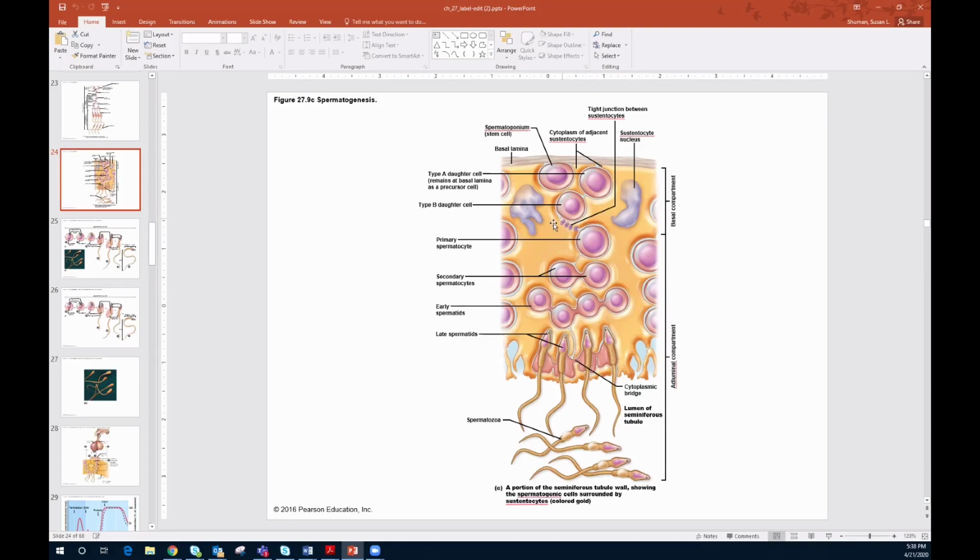Okay. So what they do is, we've got these spermatids in this whole process of spermatogenesis, all these cells are going to become the spermatids and then the spermatozoa. They're kind of buried within the cytoplasm of the sustentacular or Sertoli cells.